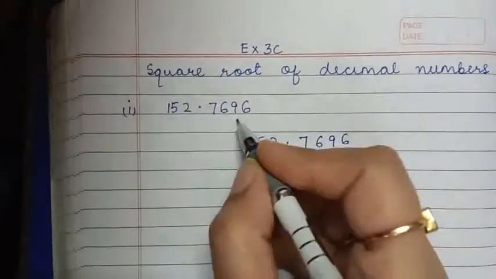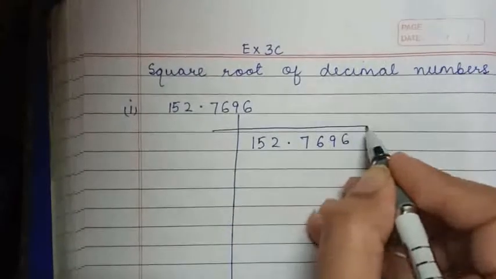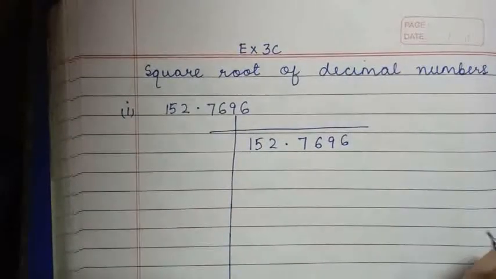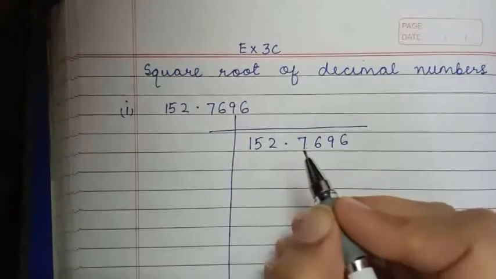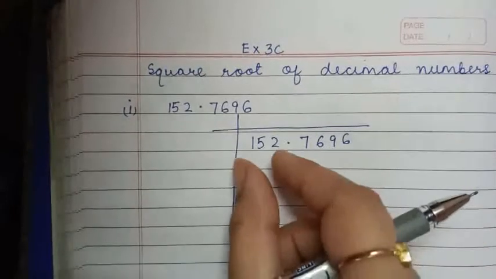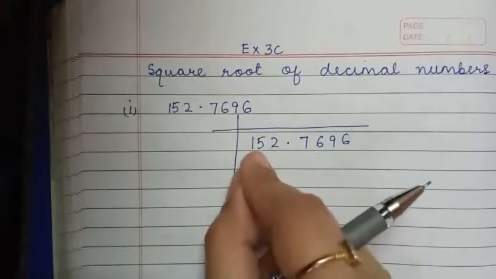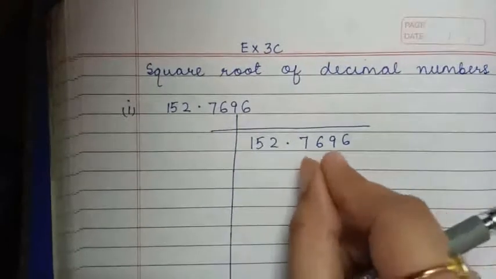So, I will write 152.7696 and find the square root of this particular number by the long division method. Now in this decimal number, I have to divide the number into two parts. The first part is the number before the decimal, and the other part is after the decimal.